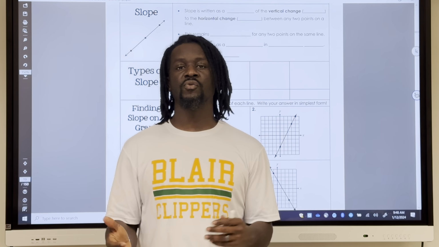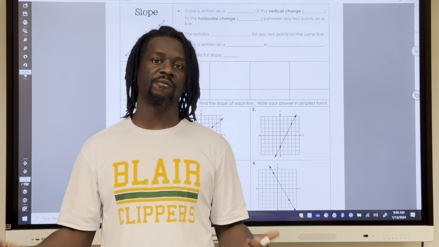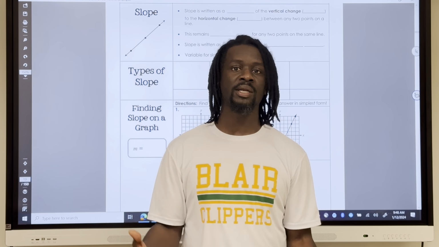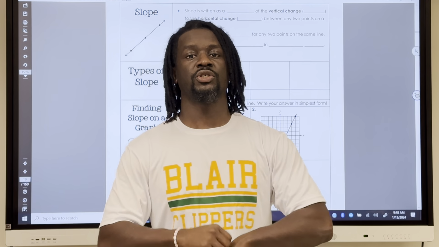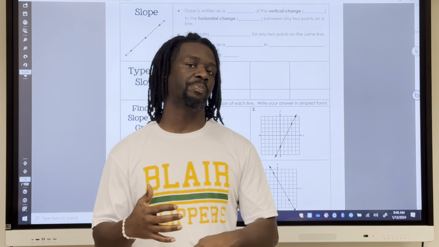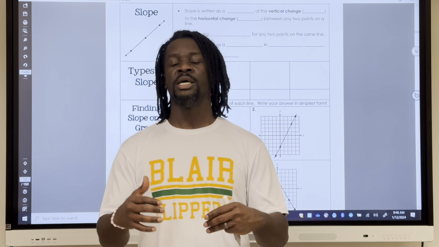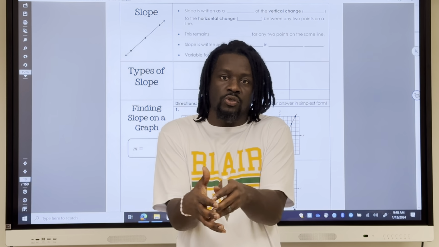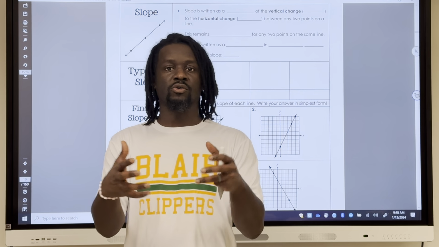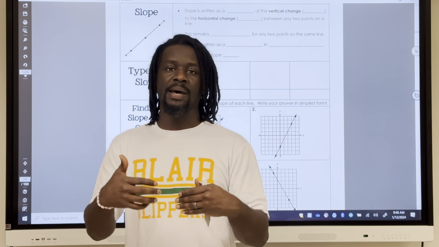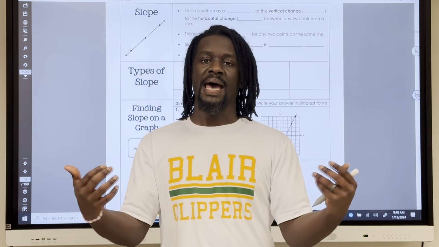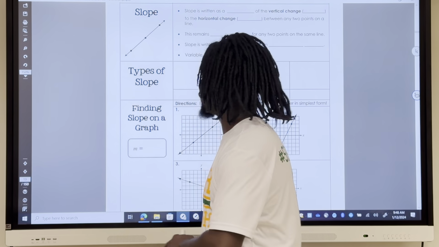Over the last couple of days, we've been talking about functions, and one of the ways that we can show or display a function is by a graph. Today we're going to zoom in on graphs and learn how to understand a function based on its graph.